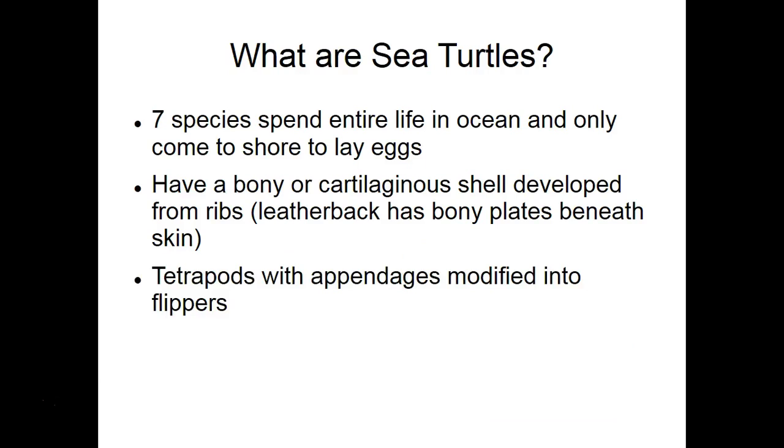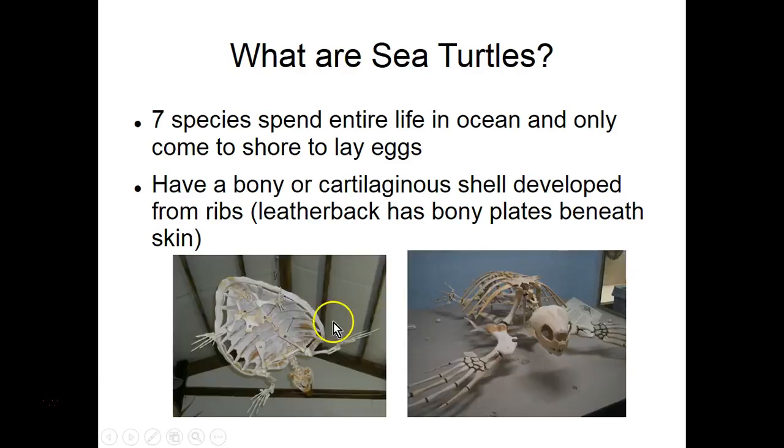Okay, they are tetrapods, which means that they have 4 limbs, and their limbs are modified into flippers. So if I go back to those images again, you can see their limbs all have extremely elongated phalanges, or finger bones, like we would say our finger bones. And it's that elongation that makes it the flipper shape that they are.